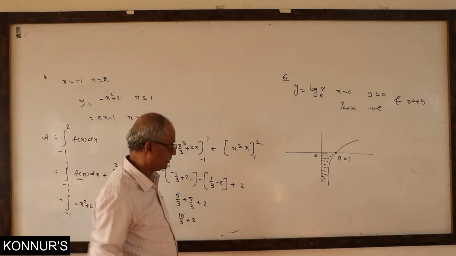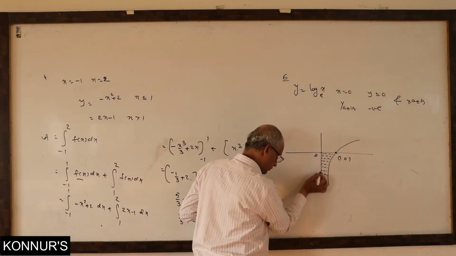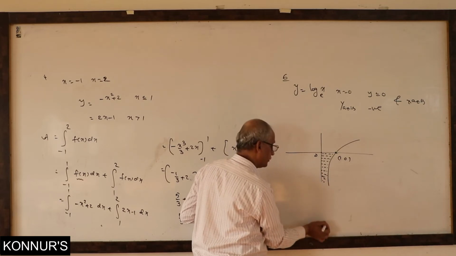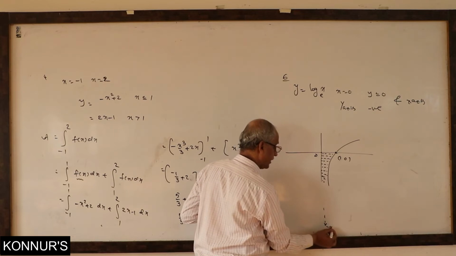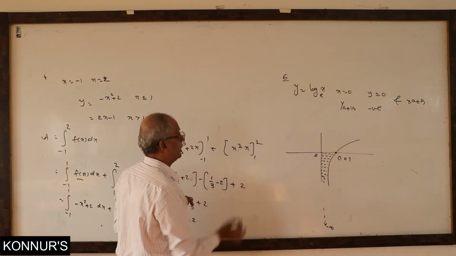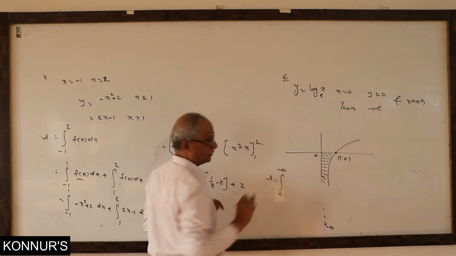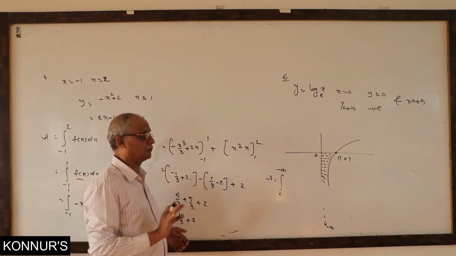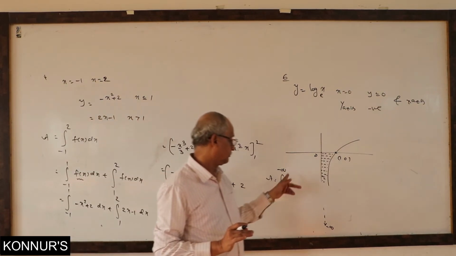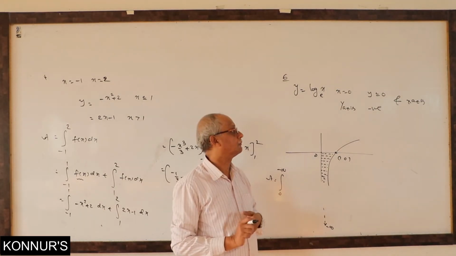With the y axis, we need y limits. Already we know the y value 0. Then what is the next y limit? Going on and on, up to where? Up to minus infinity. Hence we want the function from 0 to minus infinity. Because we are working with y limits, the function must be in terms of y.